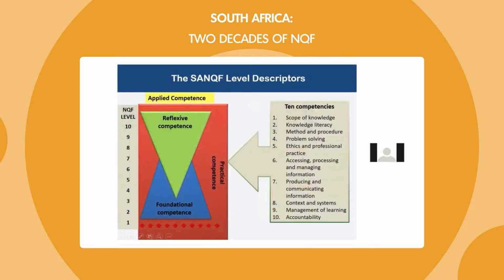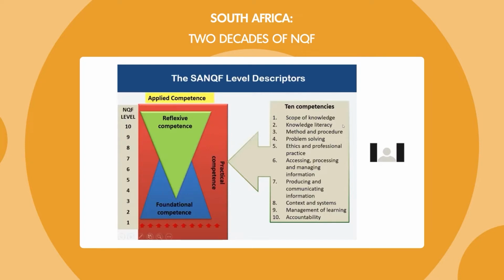So the South African NQF level descriptors, we've got 10 competencies across the 10 levels. So we have 100 statements. So these 10 competencies, we see it at every level. It indicates progression. So it will increase in the level of complexity as the learner moves from level 1 to level 10.